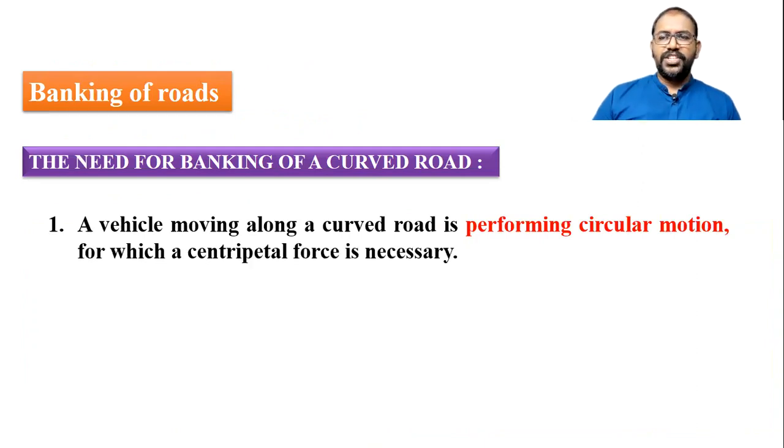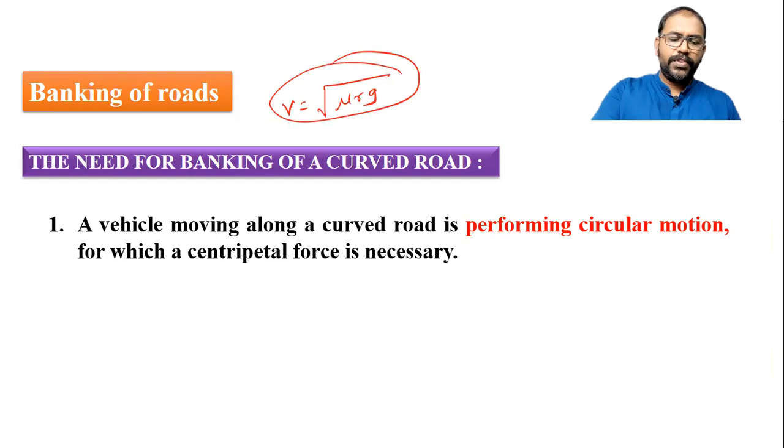In application number 1, we learned the maximum velocity of a vehicle on a horizontal curve road, and in that we got v is equal to under root mu r g. This safety speed limit depends on the coefficient of static friction, the radius of the curve path, and acceleration due to gravity. For a particular road, g and r are constant.